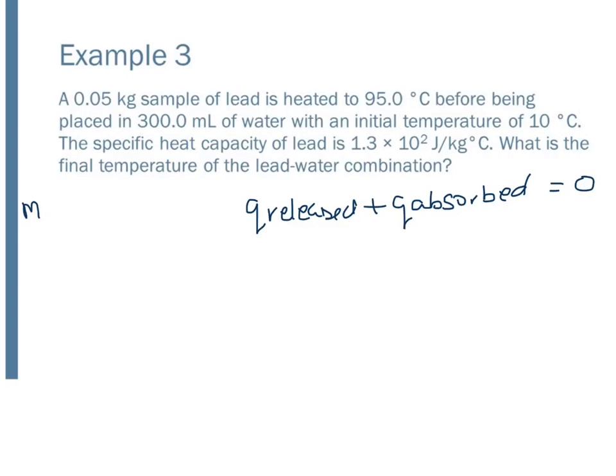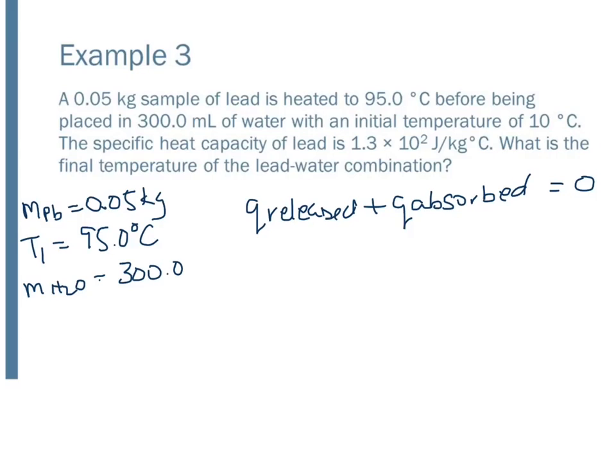So we have a mass of lead. We have a T1 for lead. And then it's being placed in water. So remember, if you get a volume of water, it's the same as your mass in grams, which we will then convert to kilograms. And that water has an initial temperature.